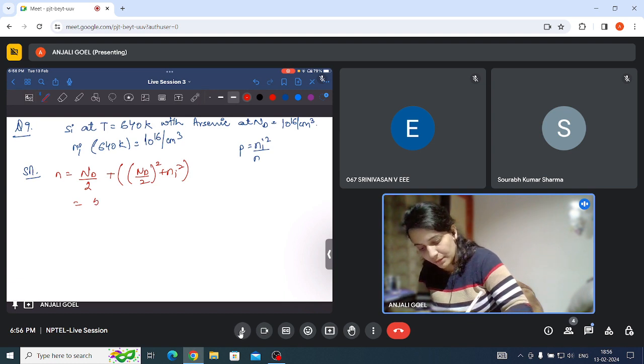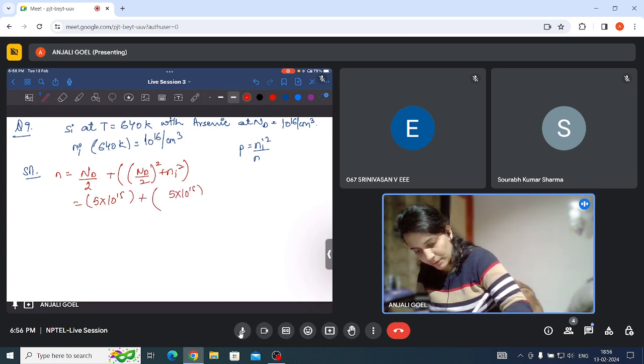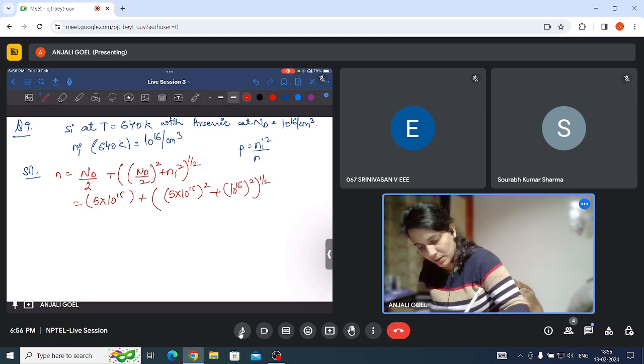So on dividing, 5 into 10 raised to power 15 plus 5 into 10 raised to power 15 whole square plus 10 raised to power 16 whole square under root. So this gives 1.62 into 10 raised to power 16 per centimeter cube.